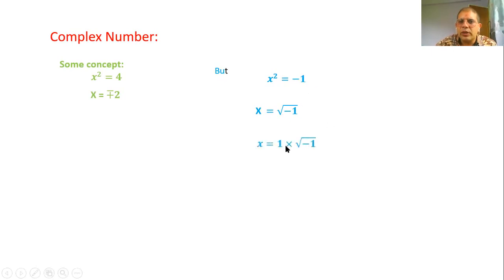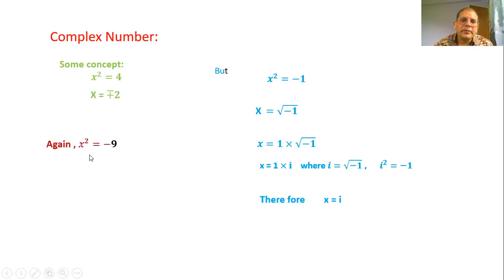So you can assume that root under minus 1 is I. If you imagine root under minus 1 is I, then you can write down I square is equal to minus 1. Don't forget this one. Now it is x is equal to I. Then if you do squaring on both sides, you get x square is equal to I square, which is minus 1. You got this one? Yeah.